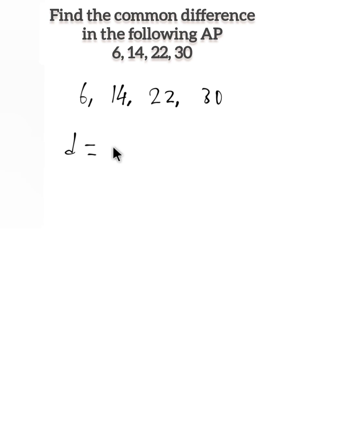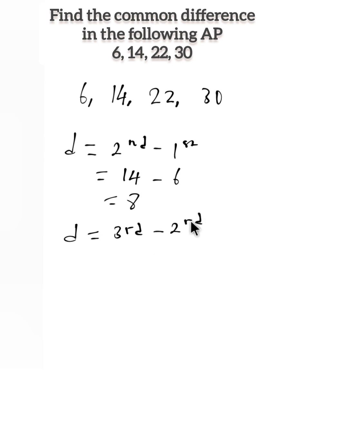So it's either the second term minus the first term. This is 14, the second term, and 6, the first term, and that gives us 8. Or the third term minus the second term, which gives us 22 minus 14, which is also 8.